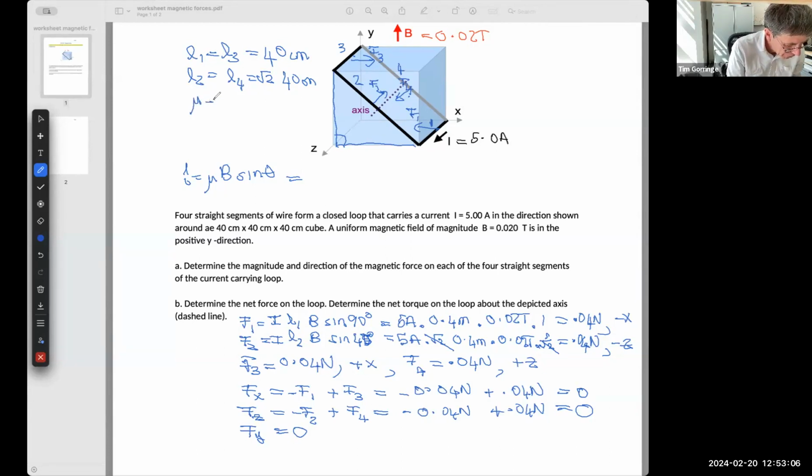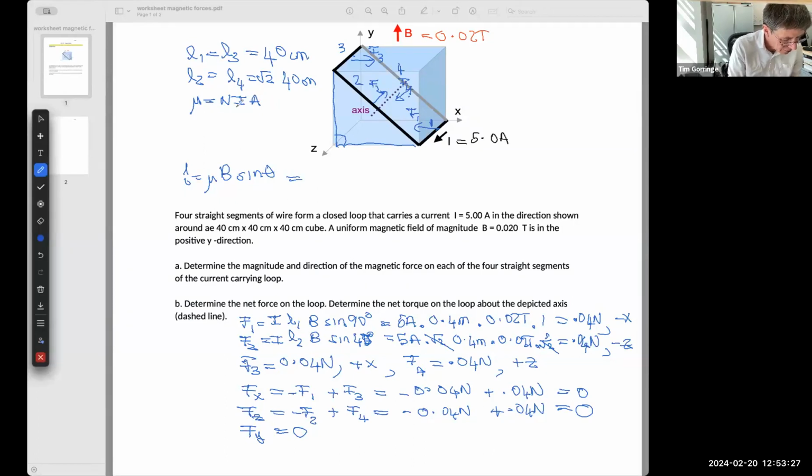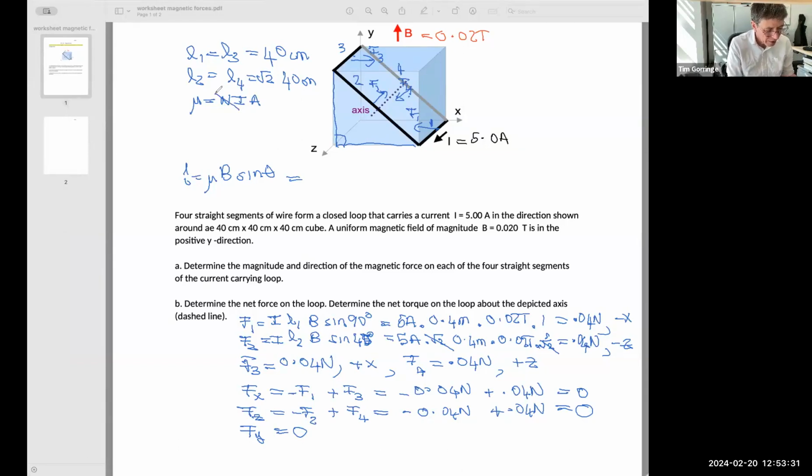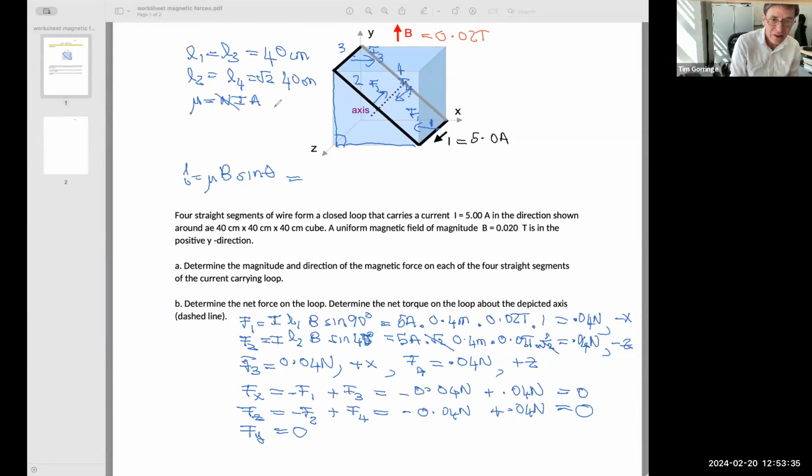The magnetic moment size in general is the number of turns of your loop times the current flowing in the loop times the area of the loop. That's the general equation. In our case, there's just one turn, so the magnetic moment will just be IA, the current times the area.